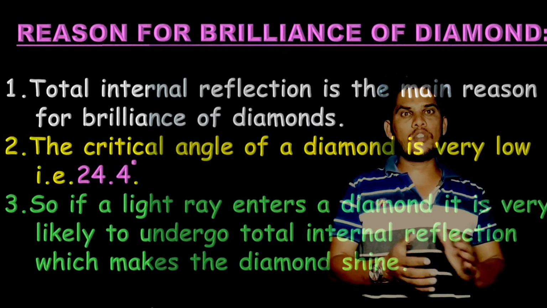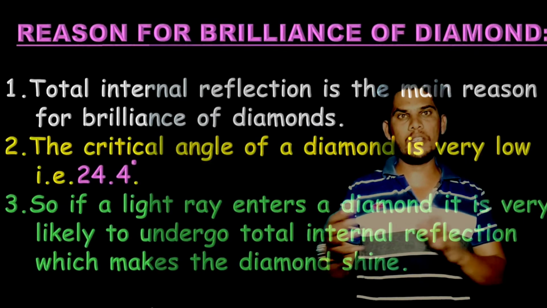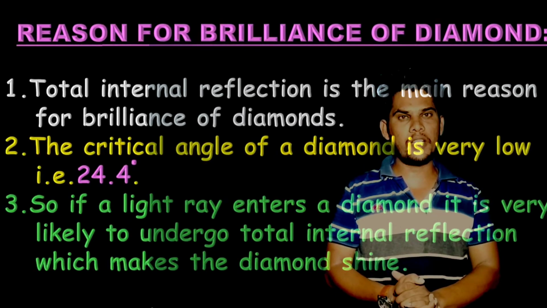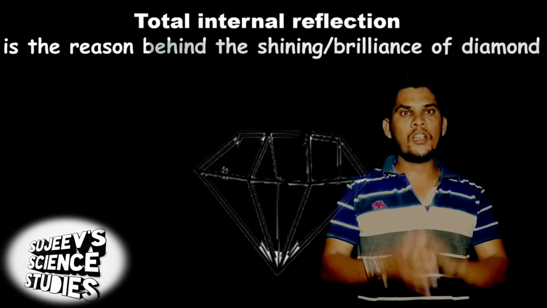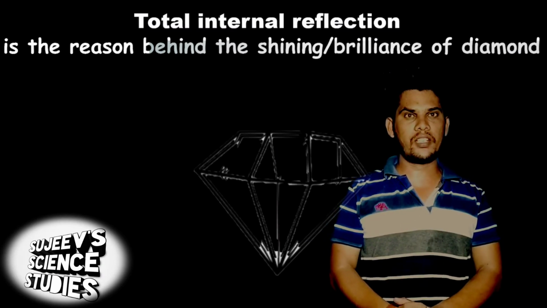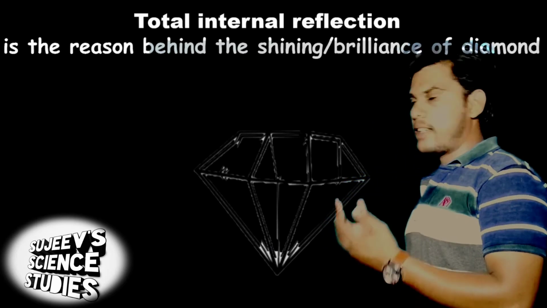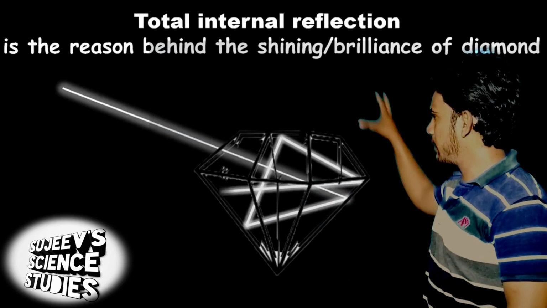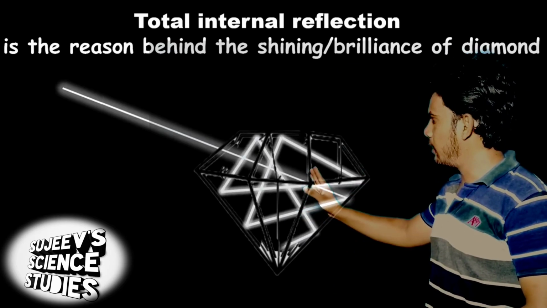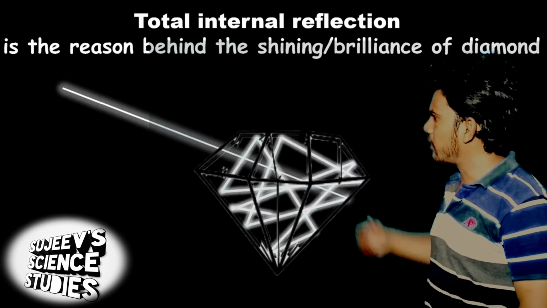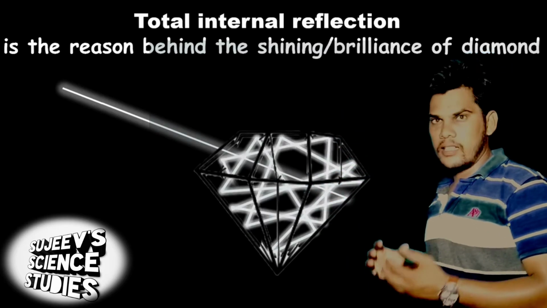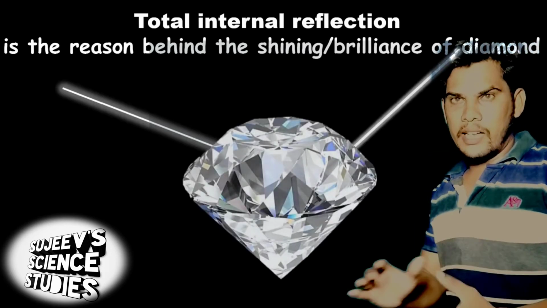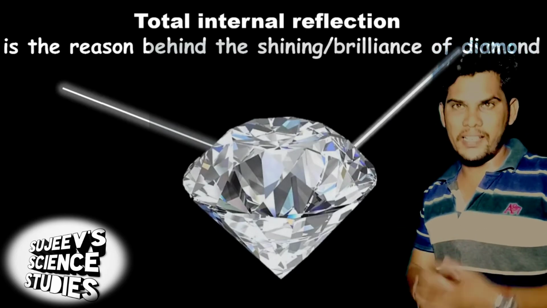So when the angle crosses 24.4 degrees, that is, becomes more than 24.4 degrees, total internal reflection takes place very much. Due to that total internal reflection, the diamond glitters. For example, look here: in the diamond, total internal reflection takes place and the diamond glitters. When light passes through the diamond, total internal reflection takes place many times, and due to that the diamond appears to glitter, showing brilliance.